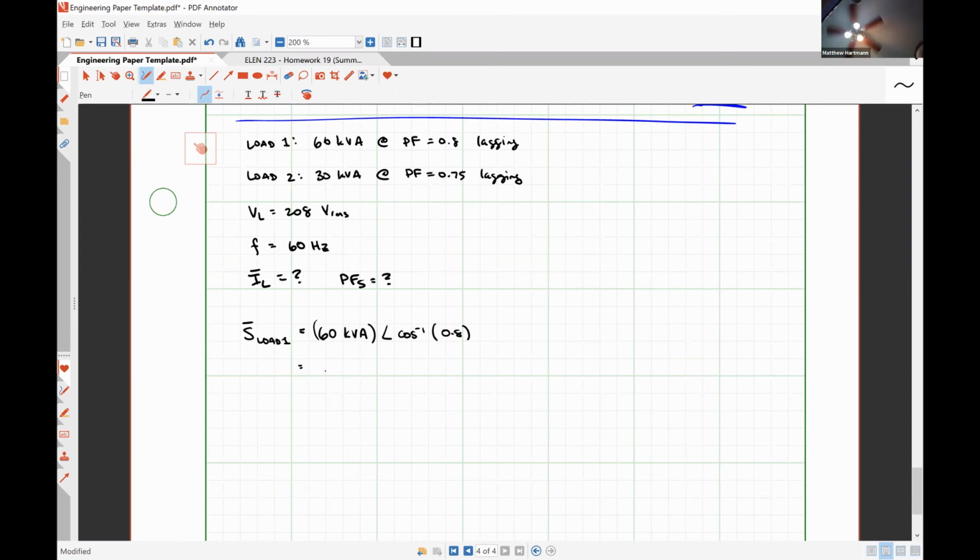So that's 60 angle inverse cosine 0.8, 36.87 degrees kVA.